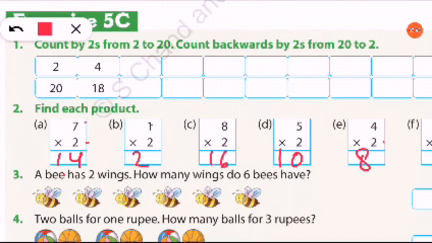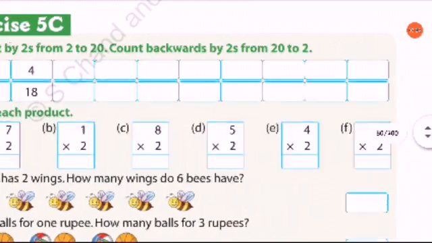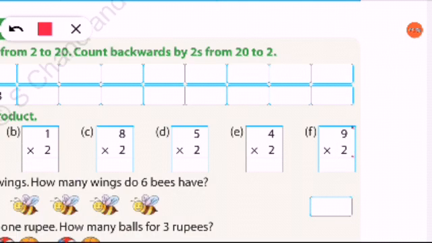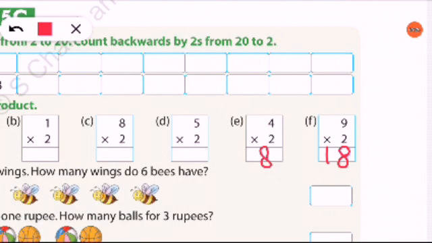The number which is written down, you have to count to the above number. Now the last one, 2 nines are 18. So here all your sums have been done. We have multiplied 2 to the above number.